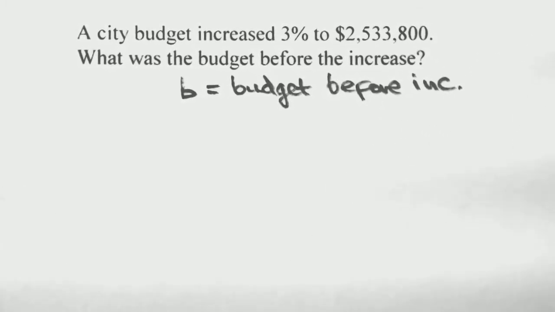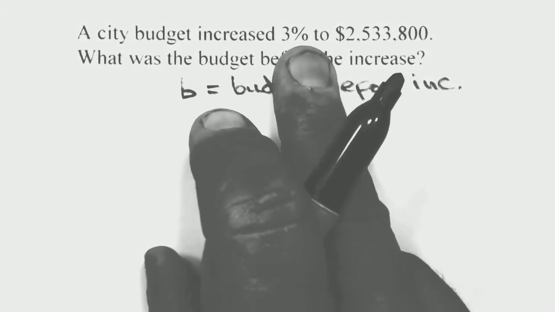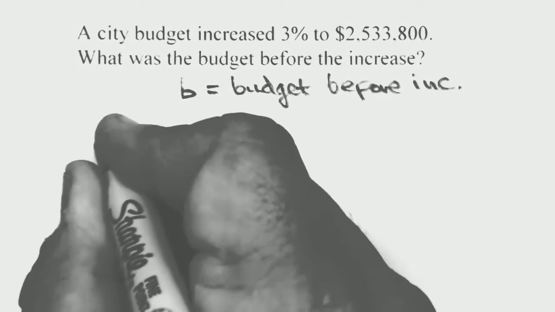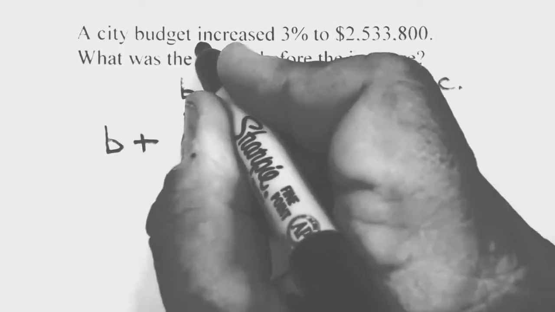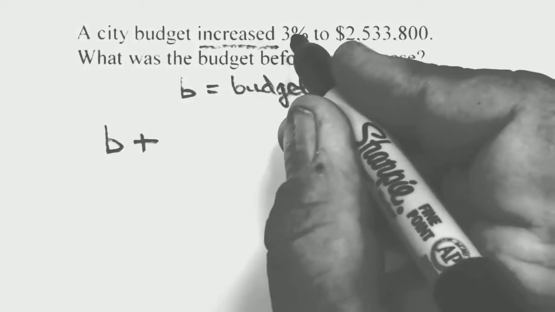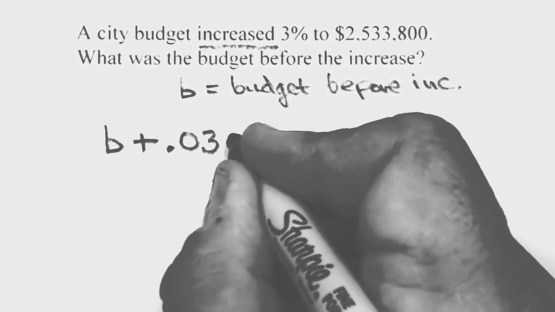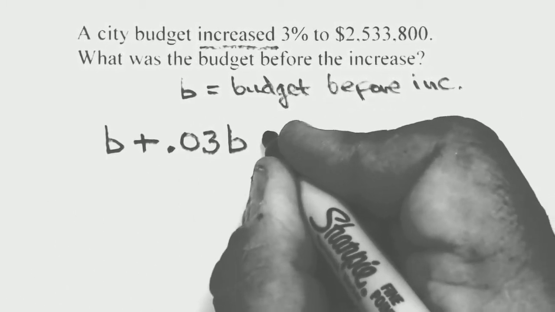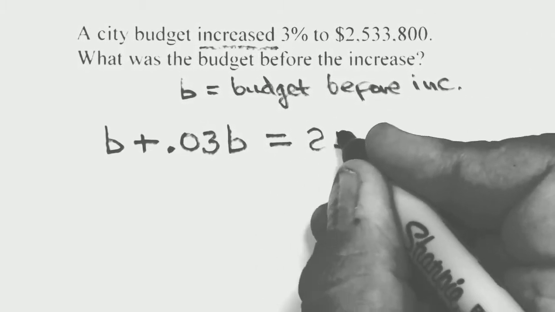Again, this is like a sales tax problem. We're adding on 3%. So we have the original budget plus, and it's a plus, of course, because it's increasing here, not decreasing, but increasing. 3% now is 0.03, and of course it has to be times the B again. Okay, what's that equal?